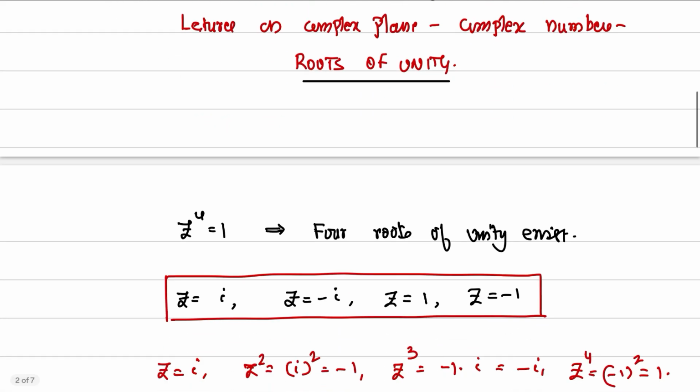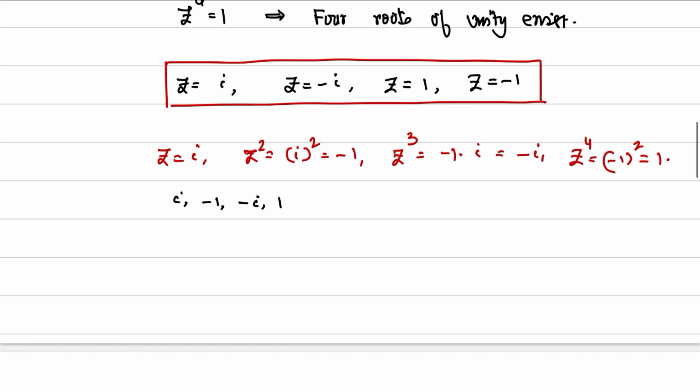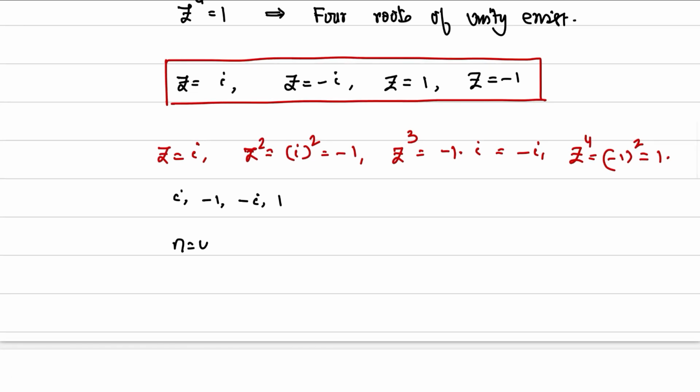Here what is n? n is equal to 4. k less than 4 means k is equal to 1, 2, 3.